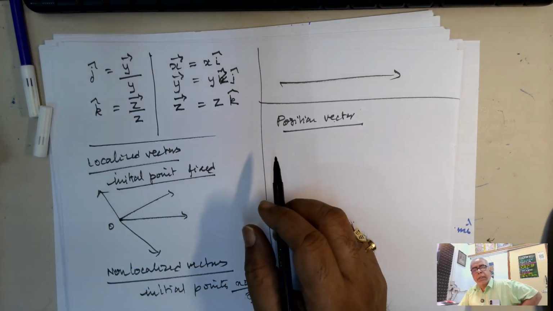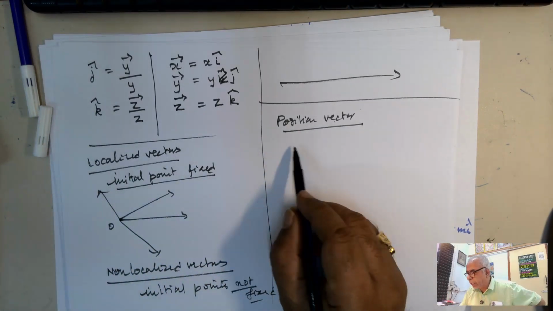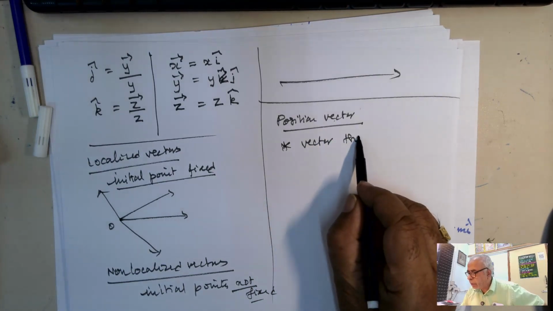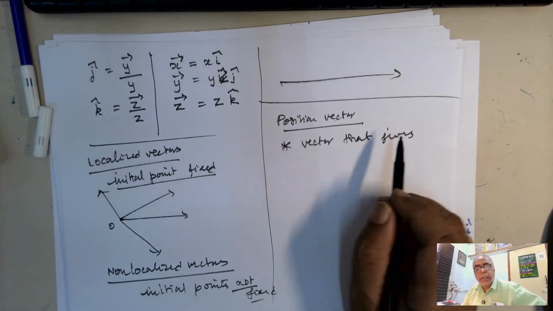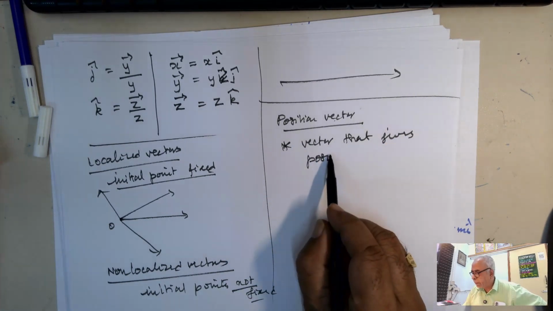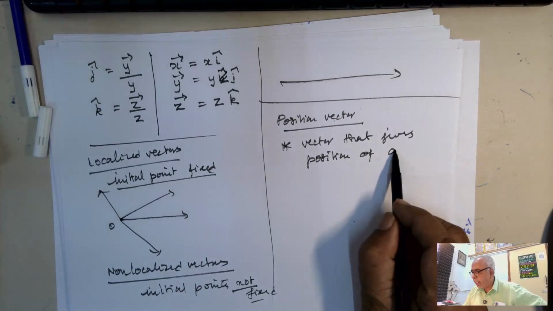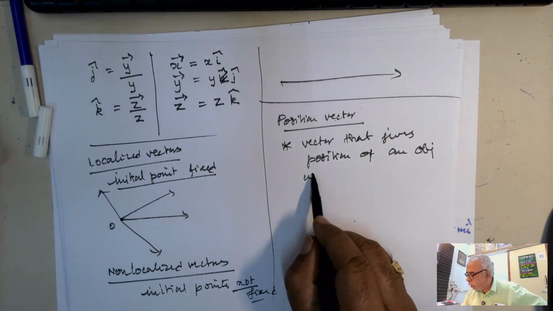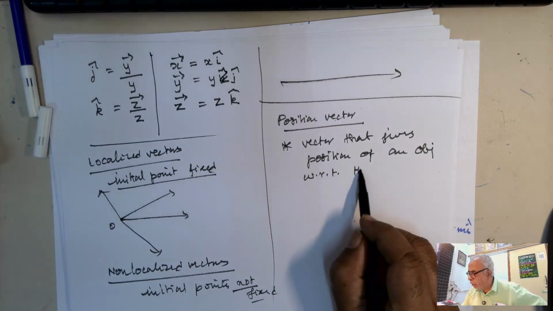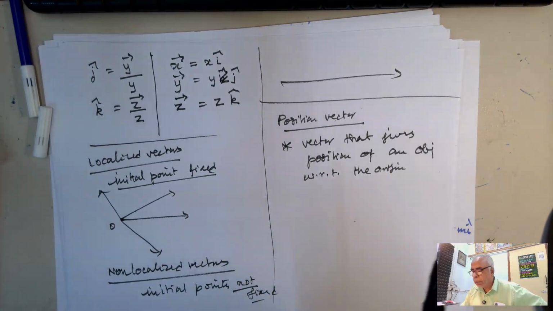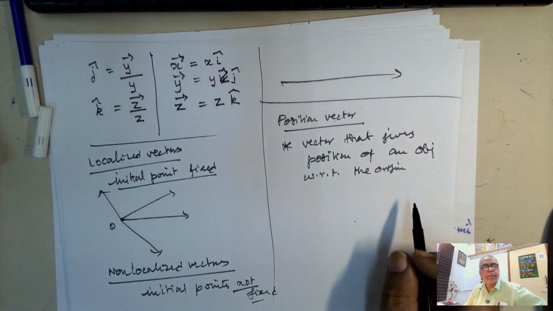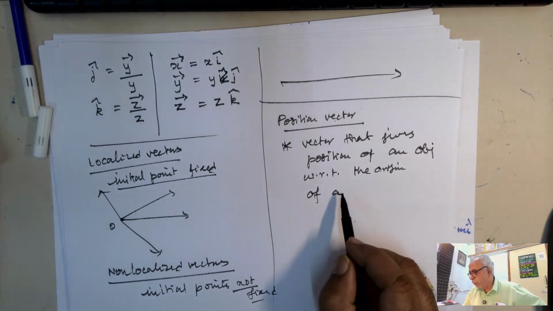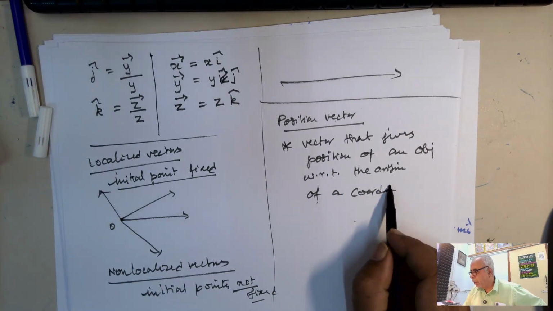So this position vector is a vector that gives the position of an object with reference to the origin of a coordinate system.